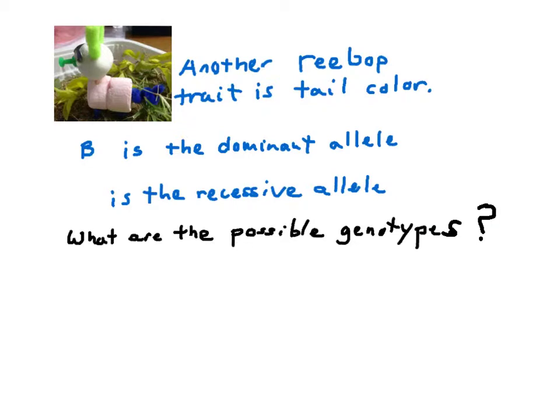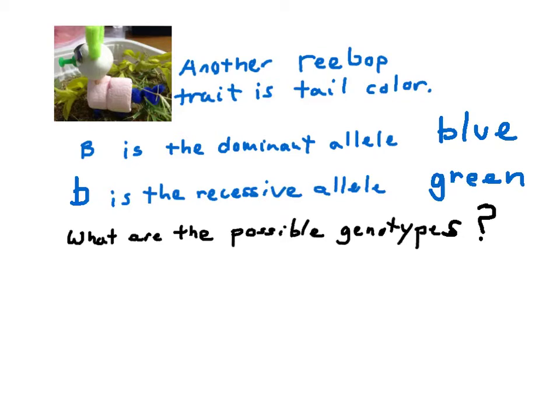Another Rebop trait is tail colour. So here big B is the dominant allele, and that results in a blue tail, and the recessive allele is small b, and that results in a green tail. So if you saw an organism like this, an individual like this, a blue tail, what are the possible genotypes?